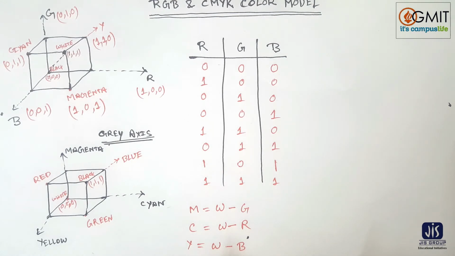But in our television, camera, RGB color model is much better and this is used. But in case of printing, RGB is not good because this is an additive color model. We have to add up to get the new color. That's why RGB is not used in printing. In printing, we always use the CMYK color model. Clear?